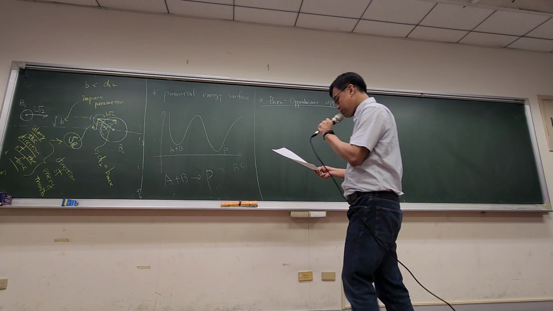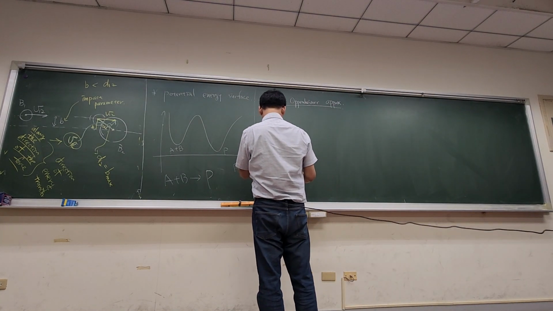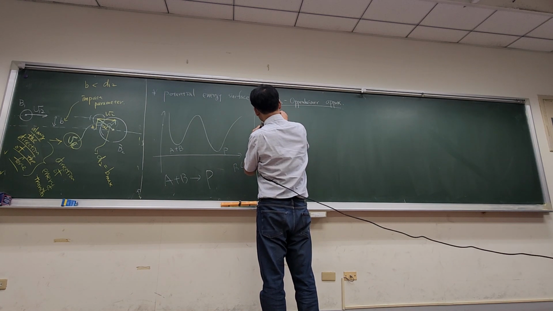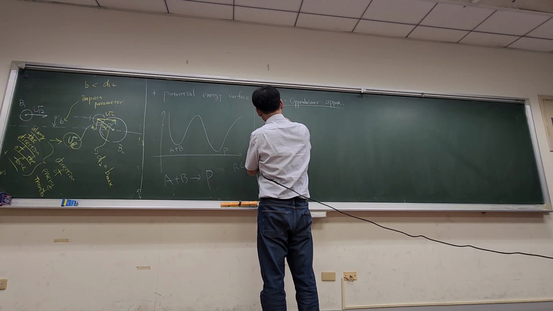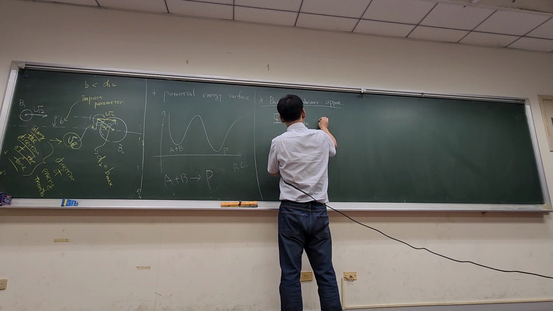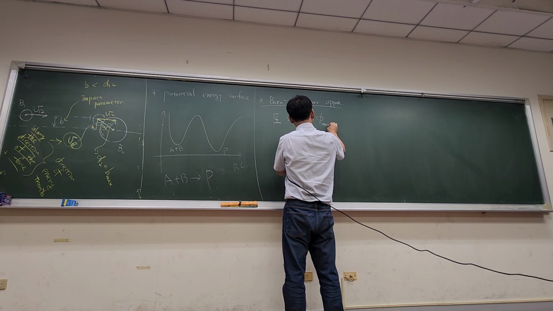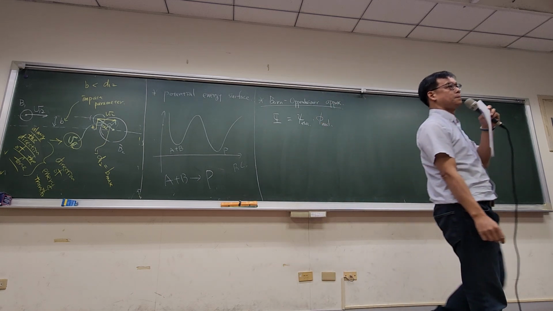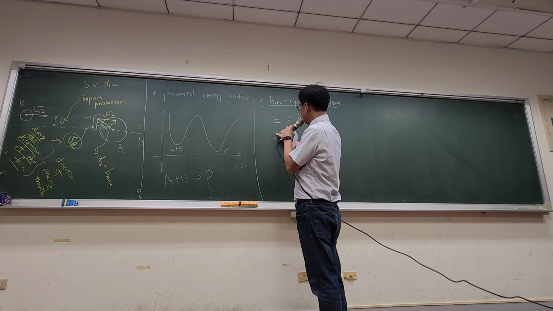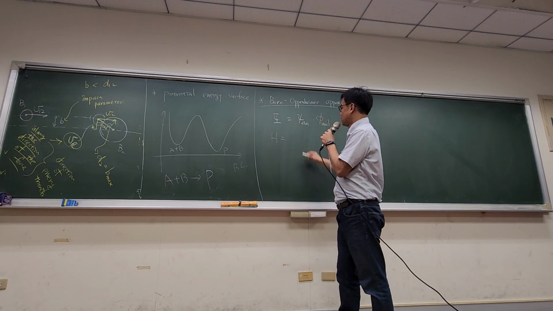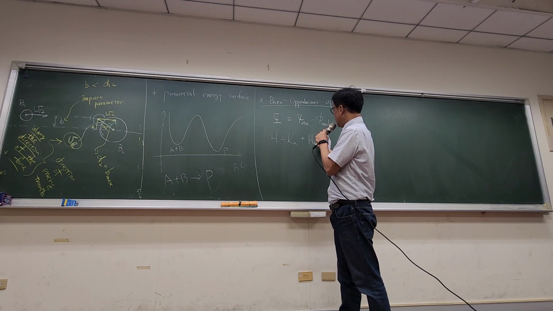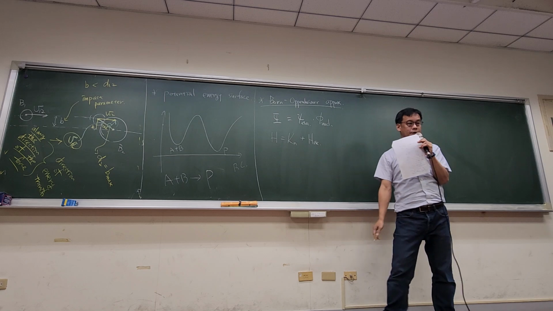Okay, so in the Born-Oppenheimer approximation, the wave function of a molecular system can be written as an electronic wave function times a nuclear wave function. And if you assume this form, your Hamiltonian can be written as a kinetic energy of the nuclei plus the electronic Hamiltonian.